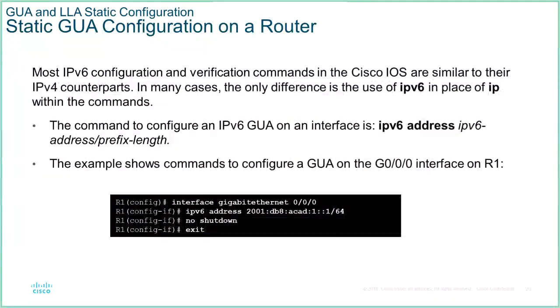So how does it work? Well, ipv6 address, and then we type in the hexadecimal notation for the interface, and then / and the prefix length. No longer typing in the subnet mask, we just give it the prefix length, no shutdown the interface, and move on.